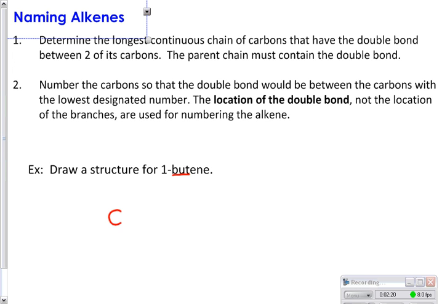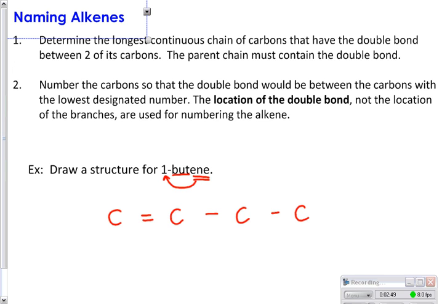So you could draw 4 carbons with single bonds to start out with. Now, -ene means that there will be a double bond, and the 1 is telling you that it's located on the 1 carbon. If we start with this carbon as being the 1, then we would call that 1-butene.